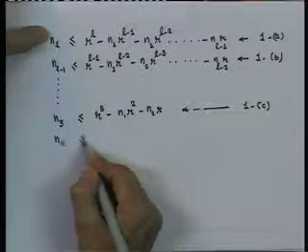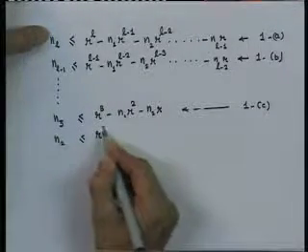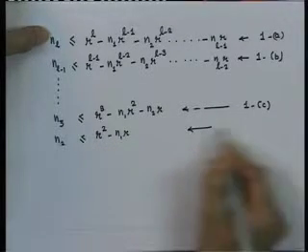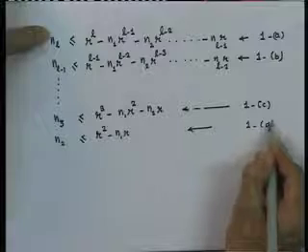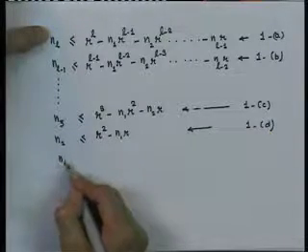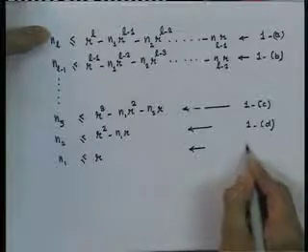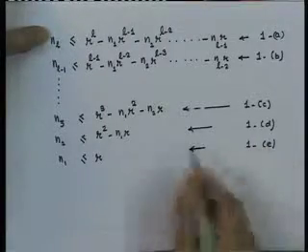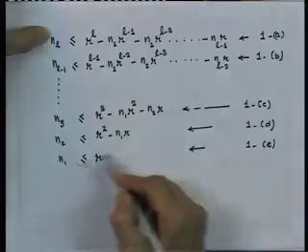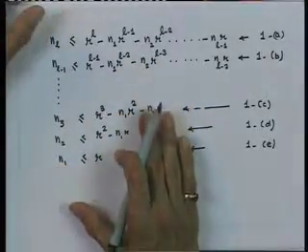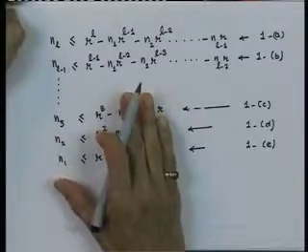And N2 less than or equal to R squared minus N1. And finally, I will get N1 less than R. Now, this set of inequalities is the key to the construction of the code we seek, correct.